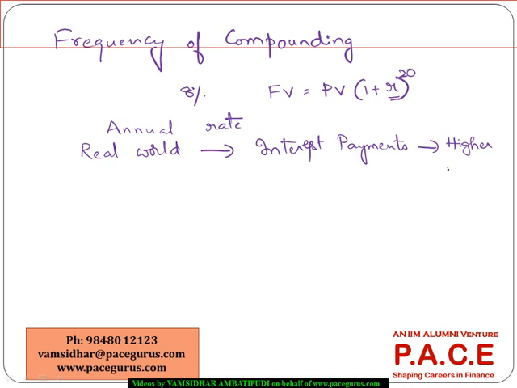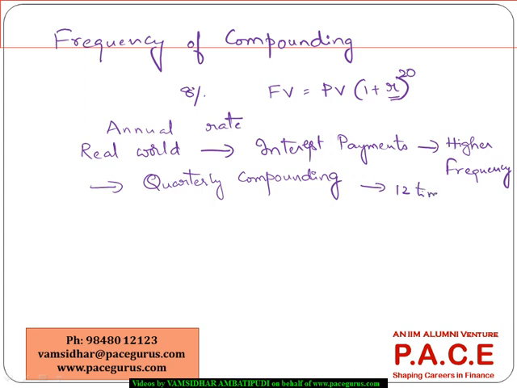Sometimes they can happen on a monthly basis, sometimes on a quarterly basis, and that is what we call quarterly compounding, or monthly compounding, depending on what period the interest payments happen. That is the compounding frequency that we talk about. Monthly means the interest is deposited 12 times in a year. Quarterly compounding means the interest is deposited 4 times in a year.